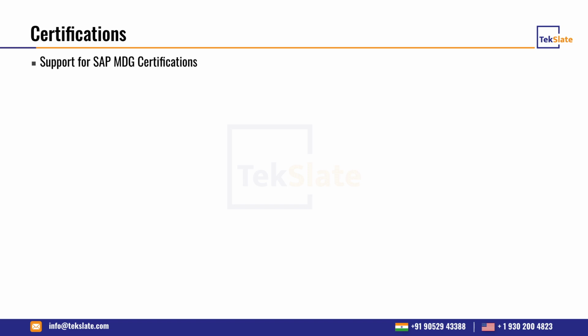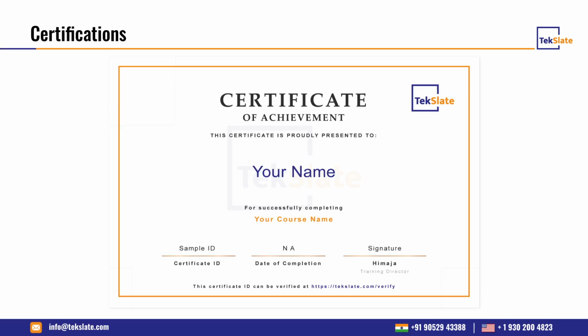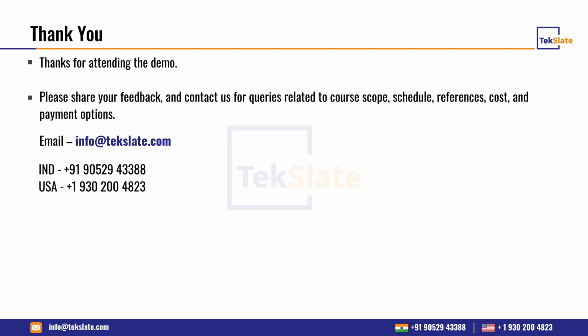How much percentage of questions do you get in the exam on this concept? These are the things we will guide you on. We will help you clear your certification, so you don't need to worry. We will provide full support. We also have a course completion certificate. Once you successfully complete your training, our company provides a certificate.